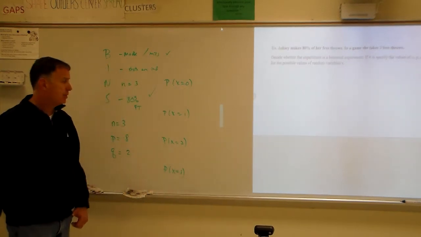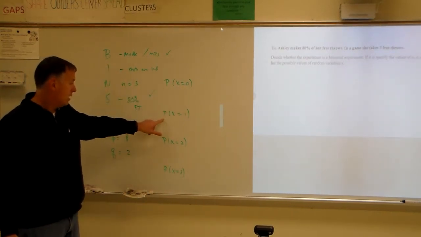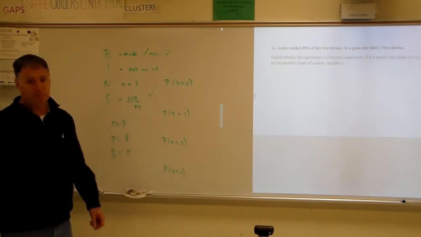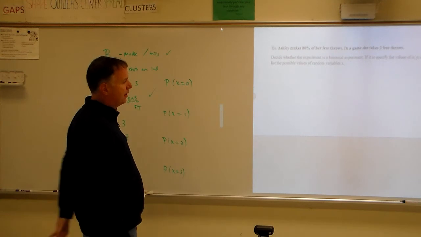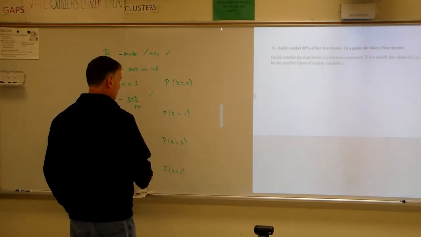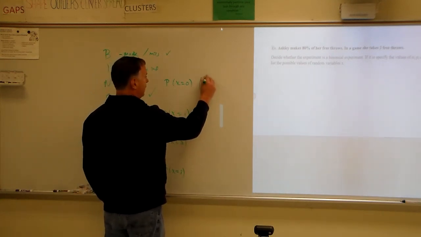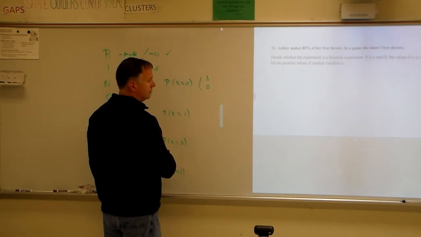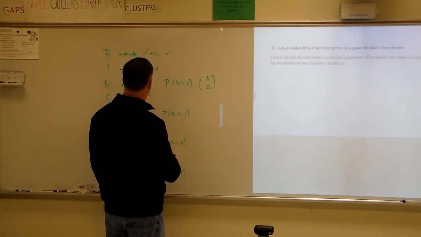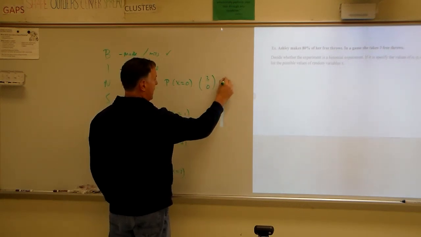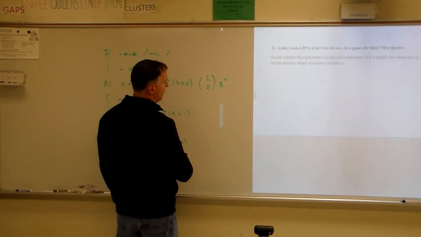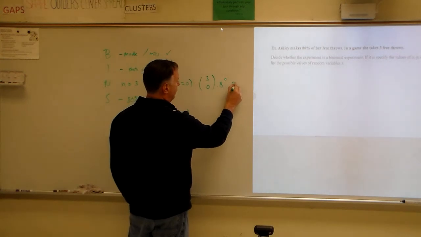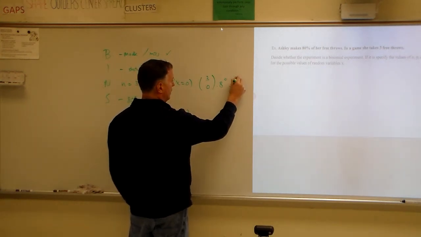If you shoot it 3 times, you make none of them, you make 1, you make 2, you make all 3. Okay? So if you make 0 shots, I'm going to show you how to do it with the formula. That means you're taking 3, making 0. Probability of success is 0.8 to the 0 power. Okay, and the probability of failure is 0.2 cubed.